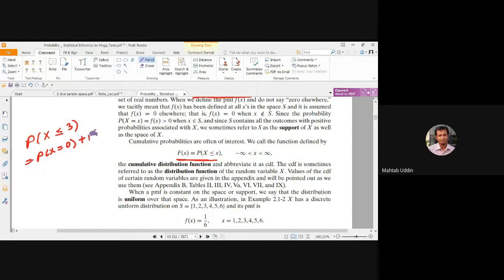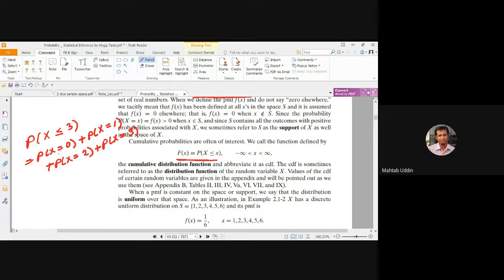If 0 is not present, then we will avoid 0. So it is the sum of the probabilities up to 3.